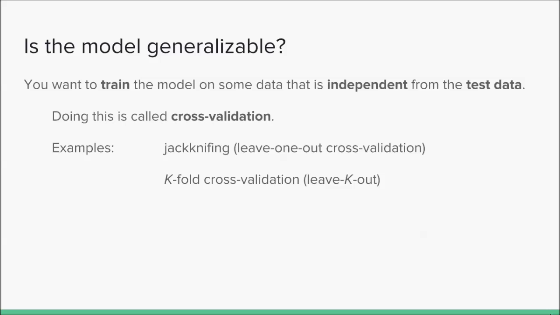And a more general method is just referred to as k-fold cross-validation, or leave k out. So rather than leaving one trial out, you could leave 20 trials out, you could leave 50 trials out. It really depends on how much data your model might need in order to accurately formulate some sort of guess.